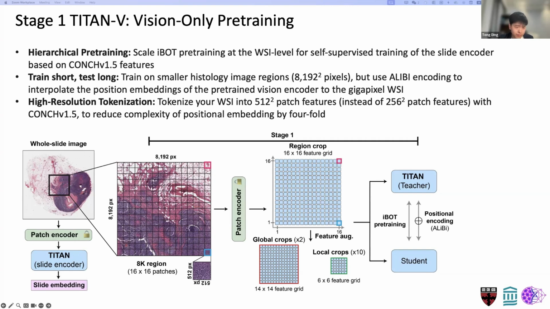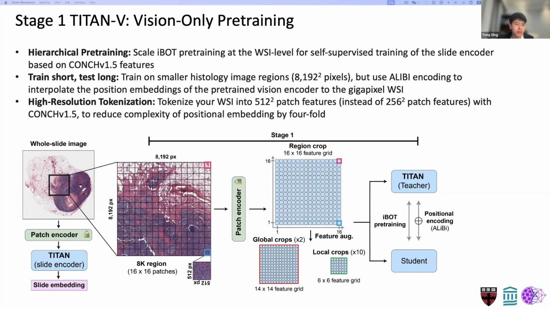First of all, we can do a random cropping from the whole slide into, for example, 8,000 by 8,000 large ROI regions. And we can view our patch level encoder as essentially a tokenizer for this large image.